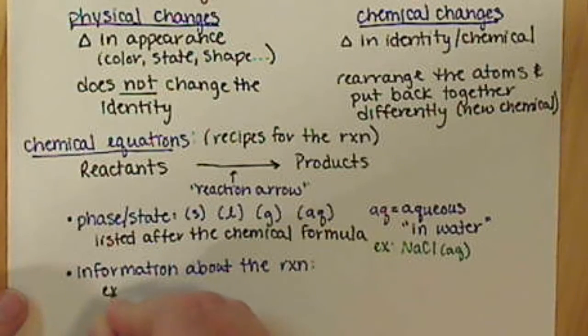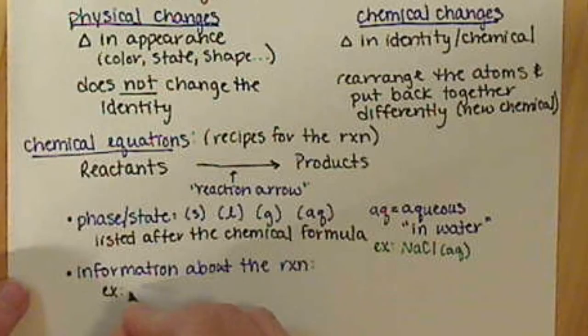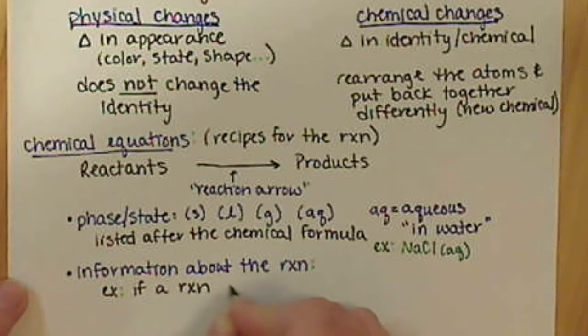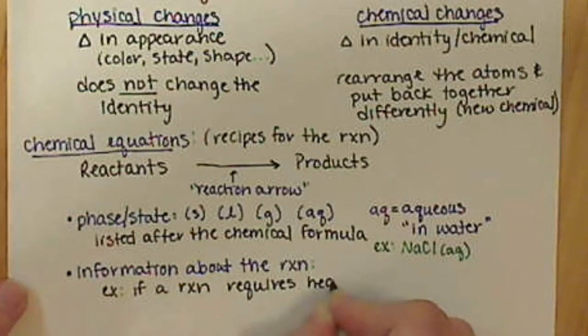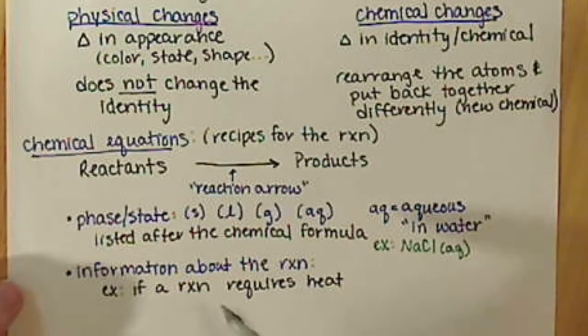For example, if a reaction requires heat, and we may see this kind of throughout the quarter. But we have a number of different ways that we can do that.